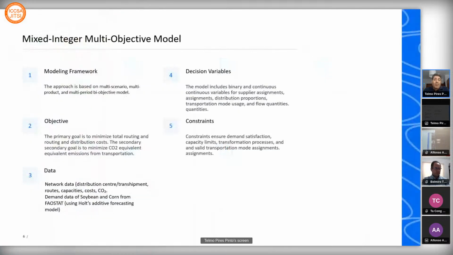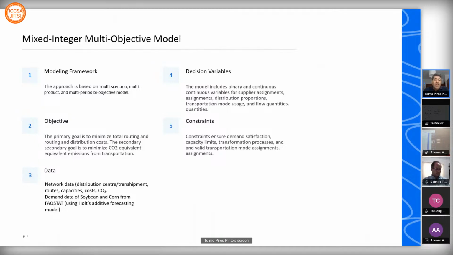Here we represent the key components of our modeling framework. First, the approach uses a multi-objective mixed integer linear programming framework, which allows us to optimize multiple goals in an integrated way, or simultaneously. The primary objective of our model is to minimize the total routing and distribution costs, ensuring cost efficiency in the supply chain. However, the secondary objective is focused on minimizing the CO2 equivalent emissions from transportation.